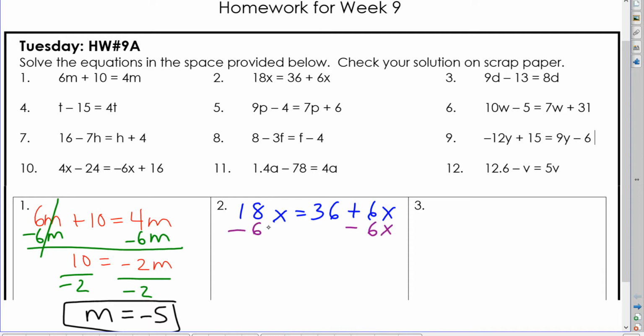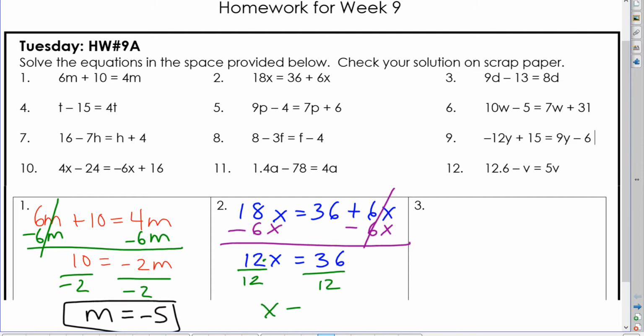I'm going to subtract 6x from both sides using a property of equality, and then when I rewrite, I get 12x is equal to 36. Now I'm going to get rid of this coefficient of 12 by dividing both sides by 12. x is equal to 3.